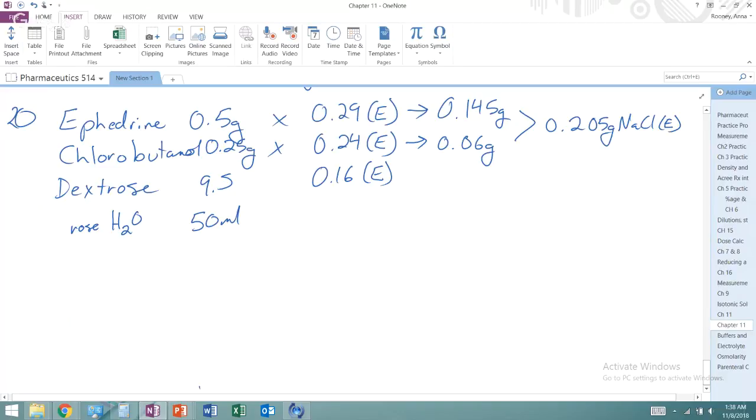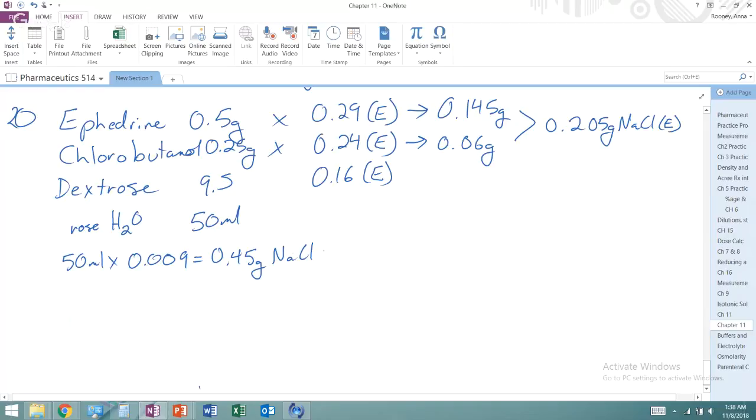And so you have to find out how much sodium chloride we need. So 50 mL times 0.009 equals 0.45 grams sodium chloride.